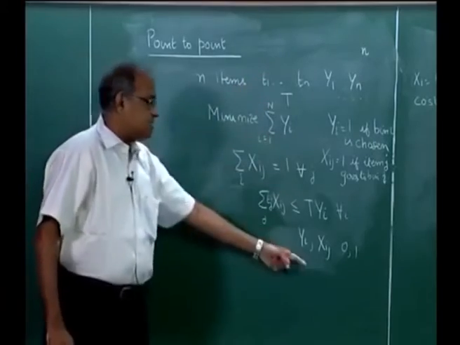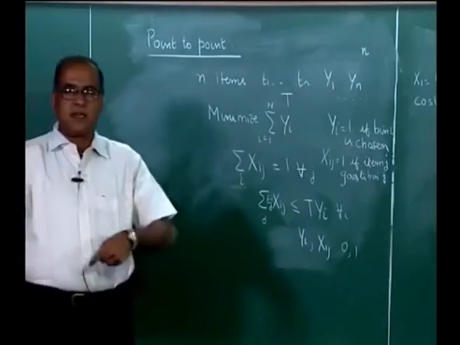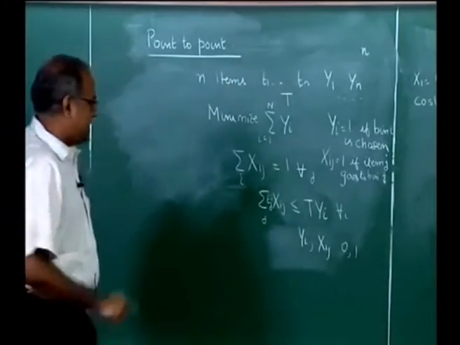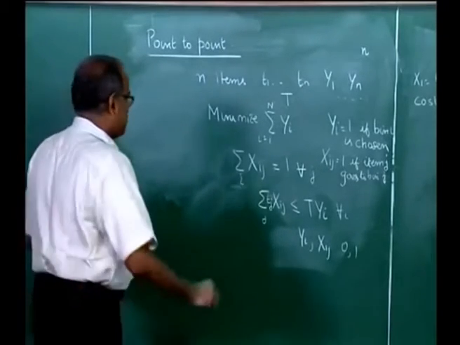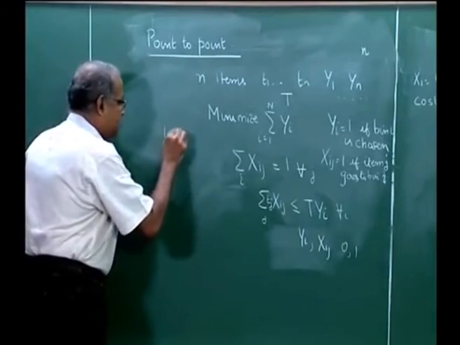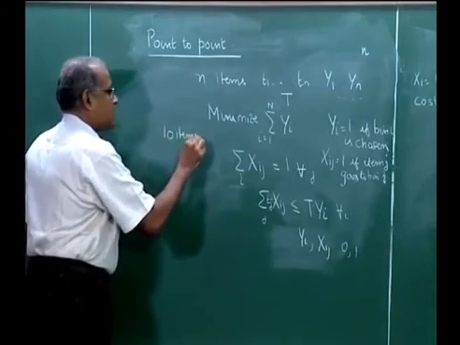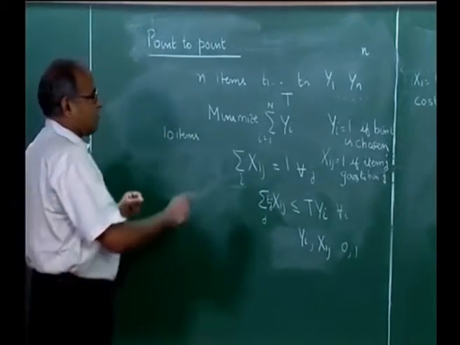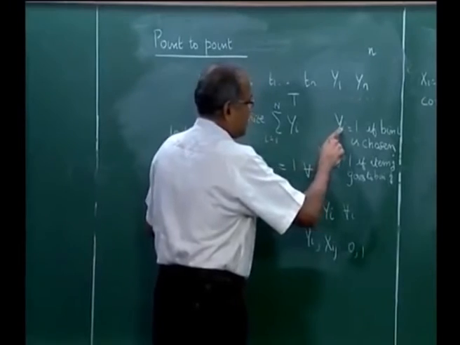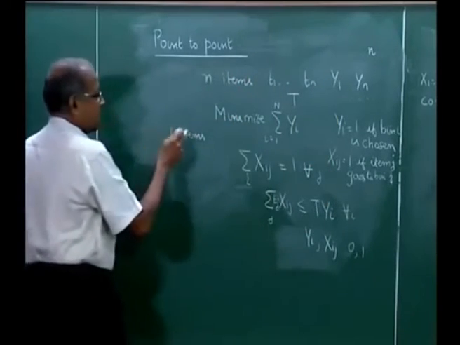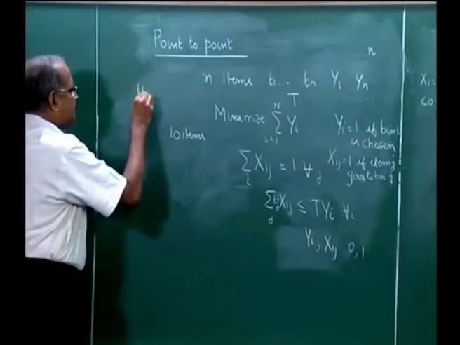Now, one can solve this bin packing problem to get the optimum solution, but with the way we have formulated it, for example, if we have 10 items, we are also defining yi. So, y will take 10 values and xij will take 100 values.